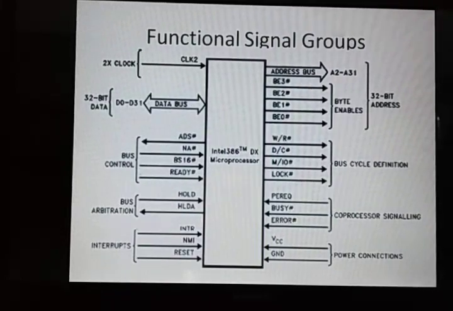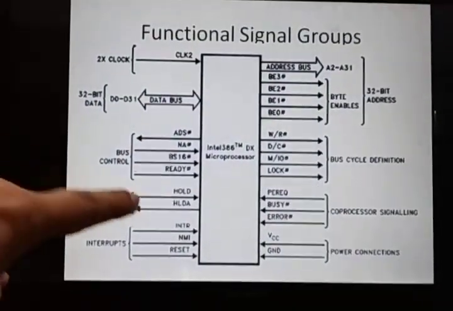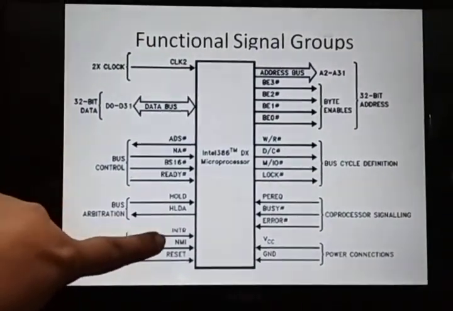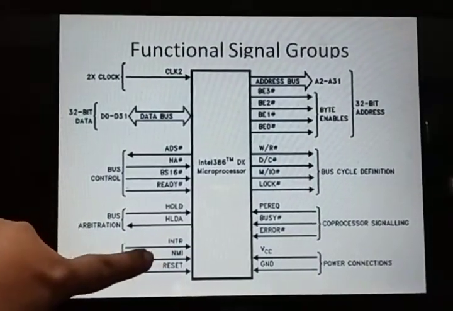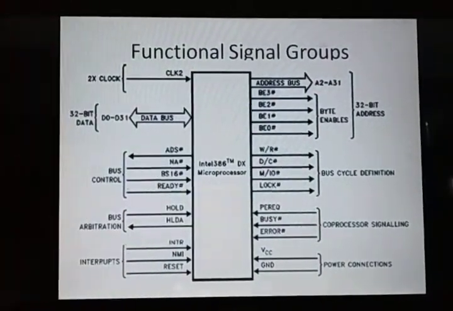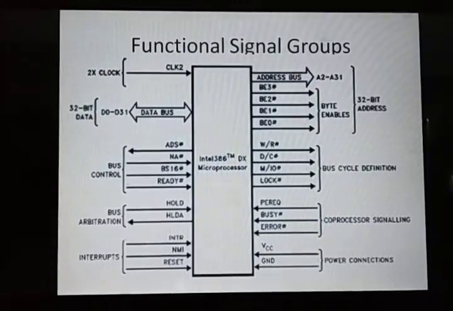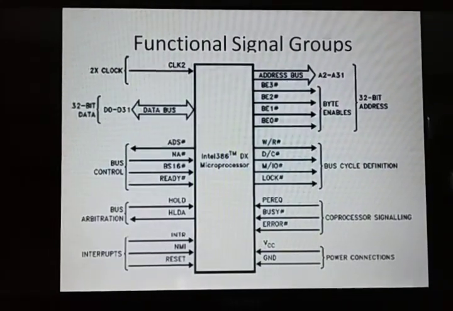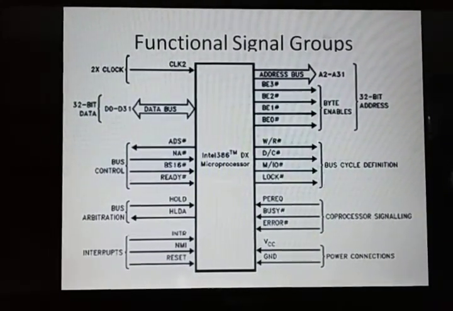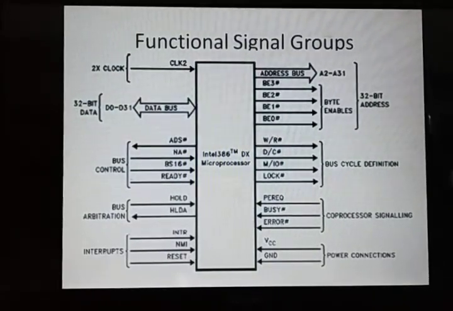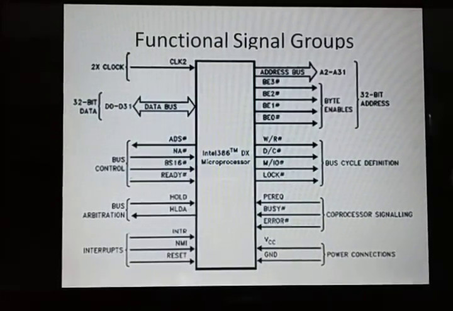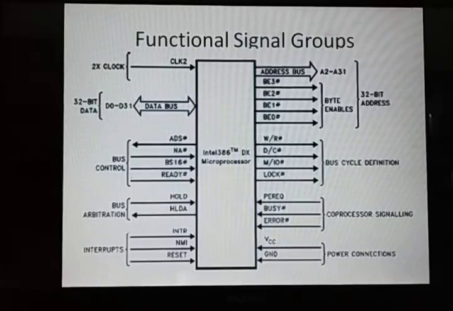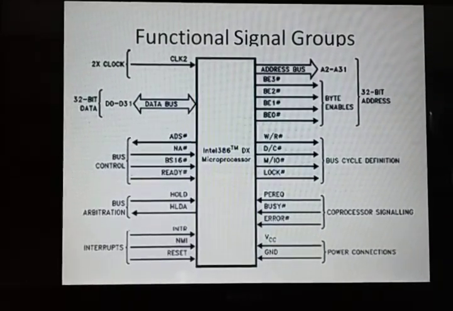The next pin is your hold pin. You can see here the hold and hold acknowledgement pins, and these are your interrupt pins, INTR, NMI and reset. So what is the functionality of the hold pin? The bus hold input pin enables another bus master to gain control of the system bus if it is asserted, meaning you can raise a request for the buses.